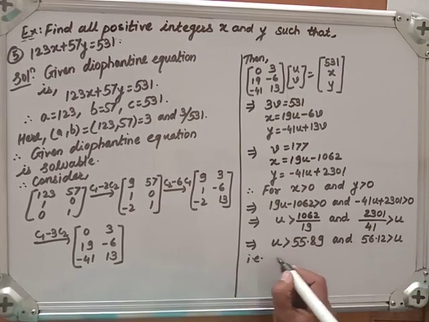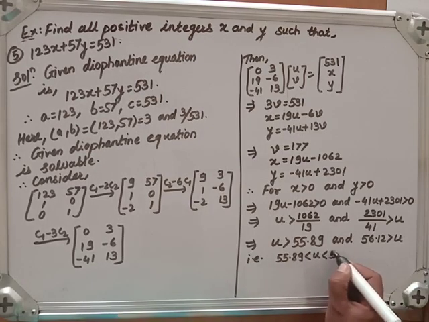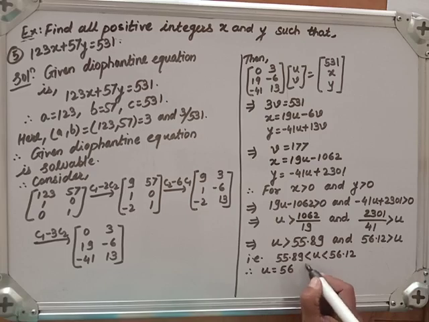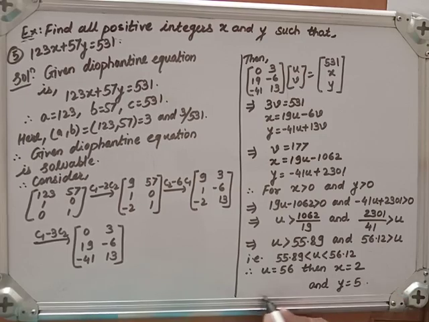That is 55.89 is less than u is less than 56.12. Therefore u is equal to 56. Then x is 2 and y is 5. This is the required answer.